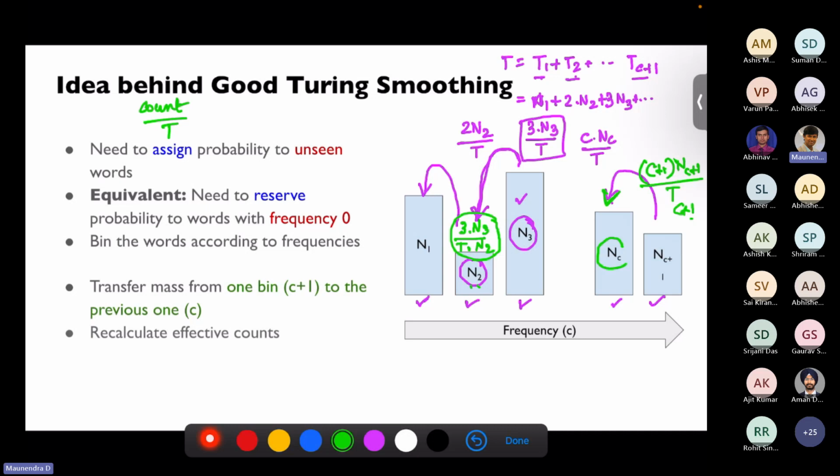So with each word, the count and the probability proportional to it will have nC in the denominator, because this entire mass is getting equally distributed among them.